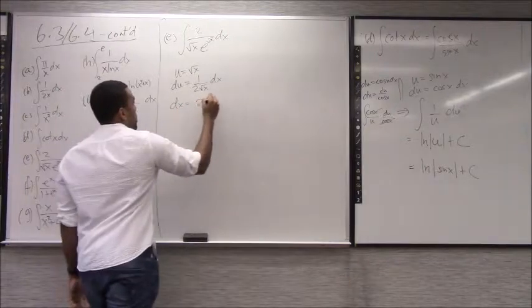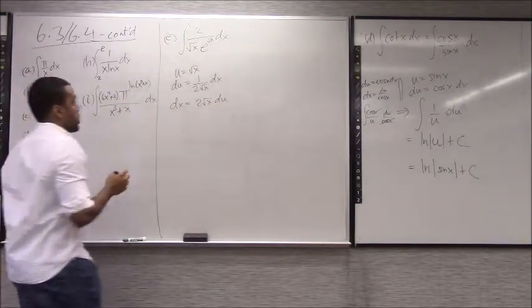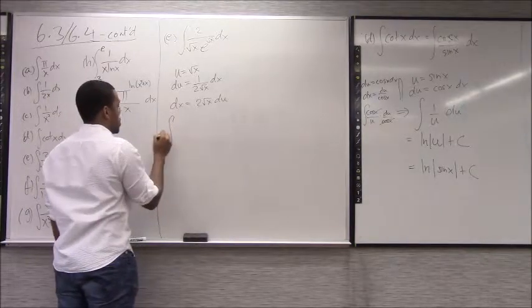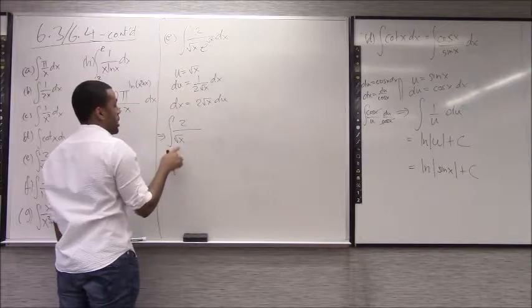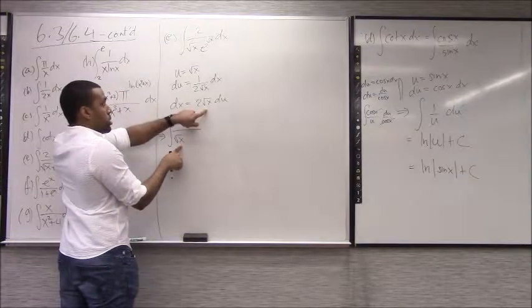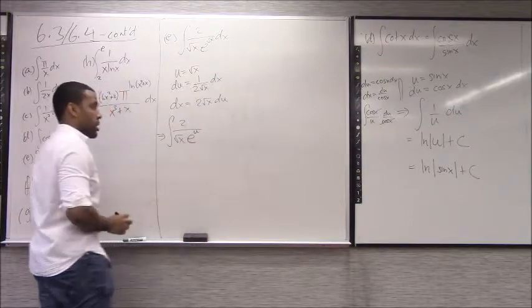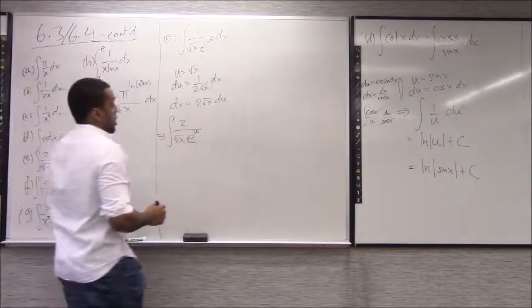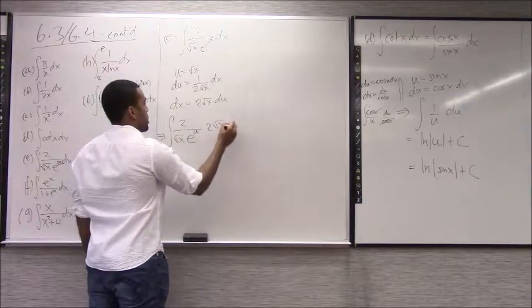That would be 2 radical x du. And now you swap those out. So now we have 2 over radical x. I'd leave that one because I'm going to want it to cancel with this guy. And I change this radical to the u. And so now my dx becomes 2 radical x du.